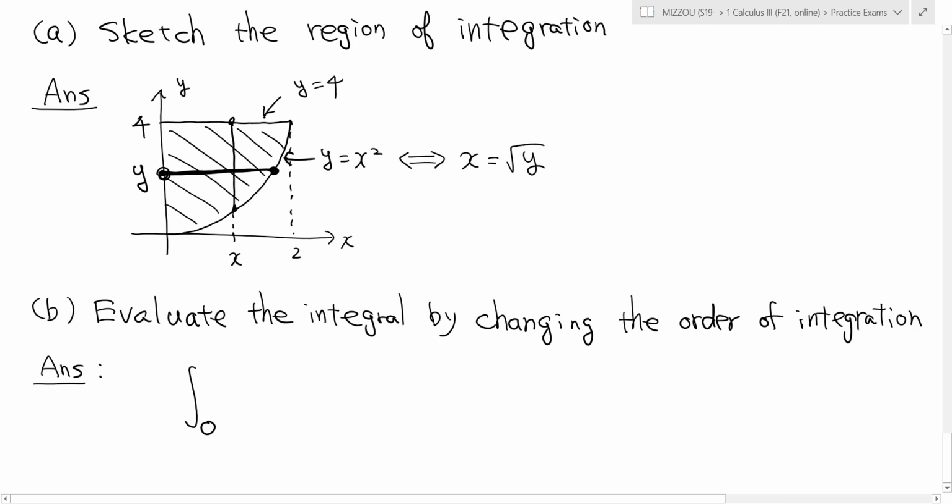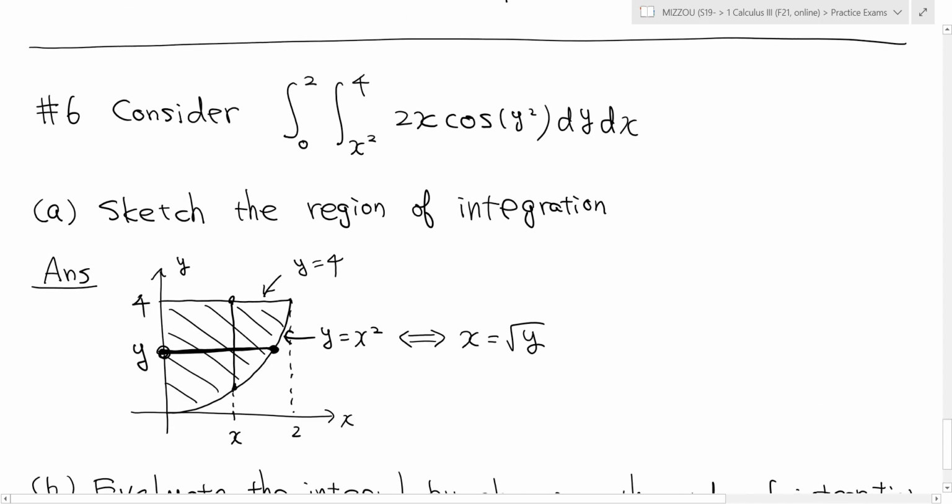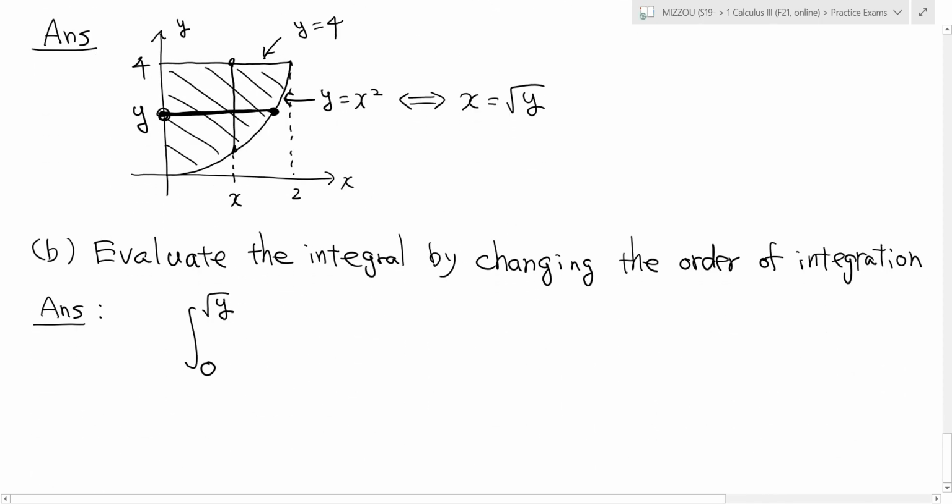So x is from 0 to root y, and the integrand is 2x cosine y squared. You integrate with x, and then you integrate with y. The y values are from 0 to 4. The smallest possible y value is 0 and the largest possible y value is 4. So this is the integral you have to set up.